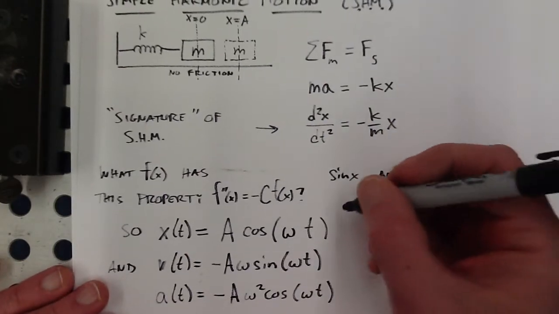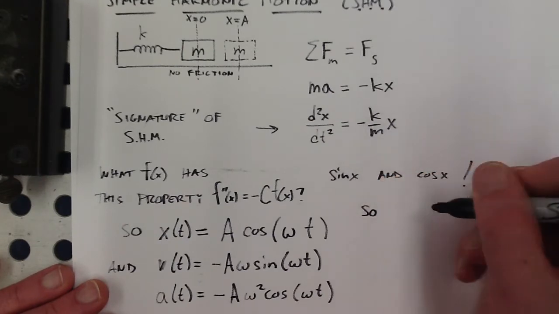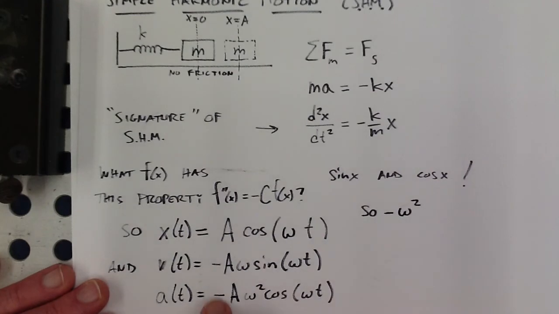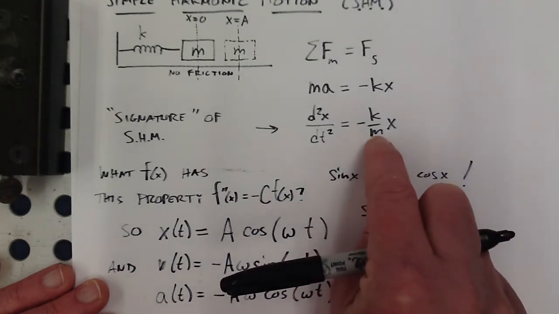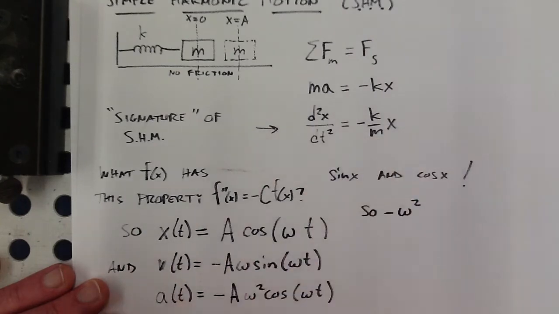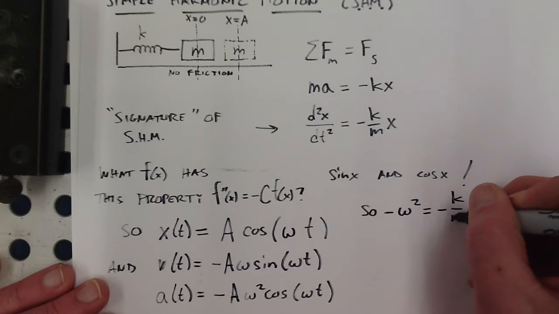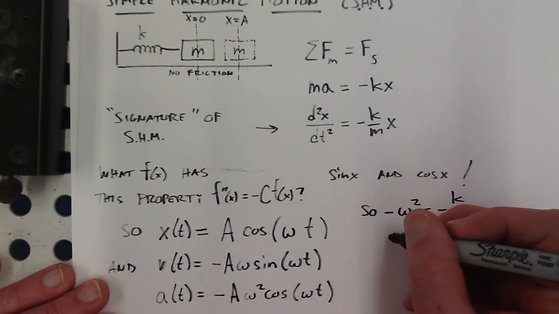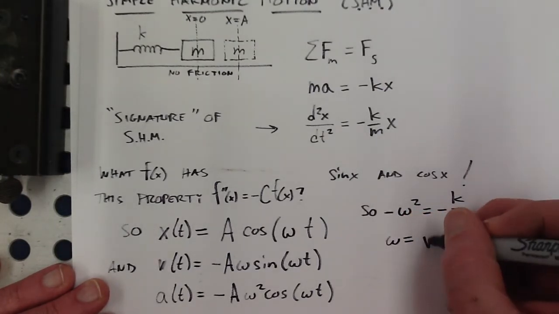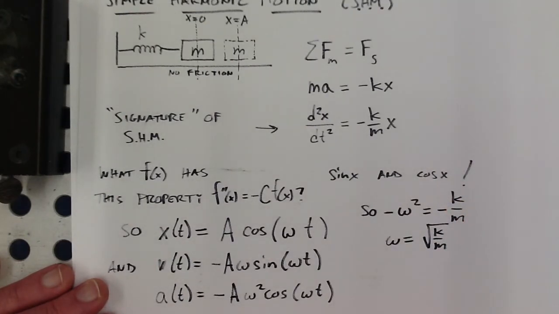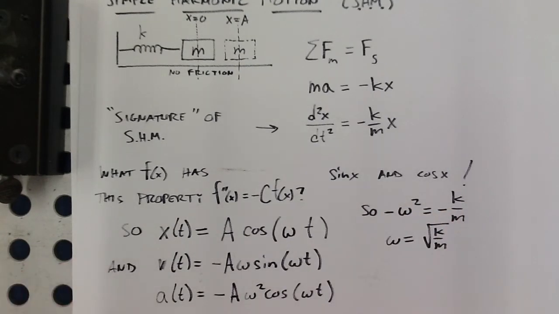So this negative omega squared must be that negative k over m. So omega, in this case, for a mass on a spring, is equal to the square root of k over m. Right? Cancel out the negative signs, take the square root.